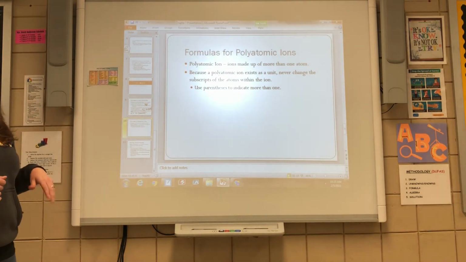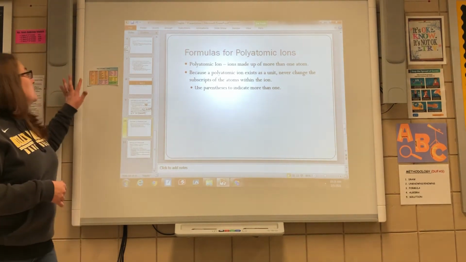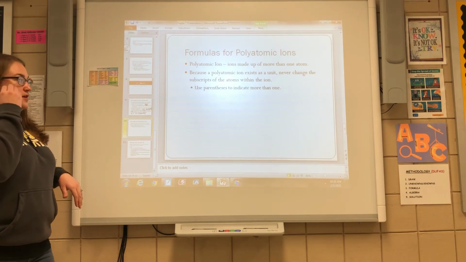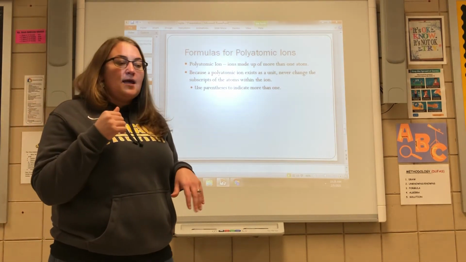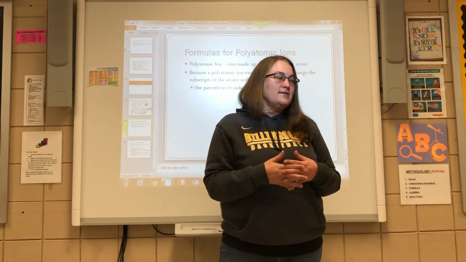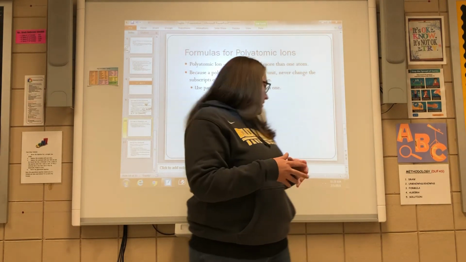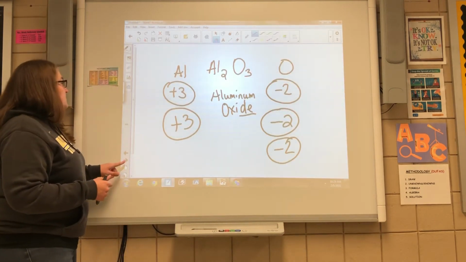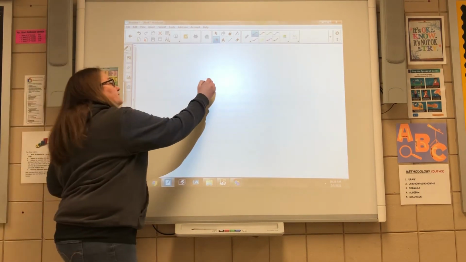Okay, so for each polyatomic ion on that chart, you see the name, the formula, and the oxidation number. Now, when you write these, you cannot change the subscript that is in that formula. For example, sulfate is SO4.